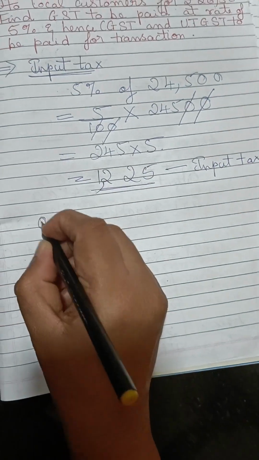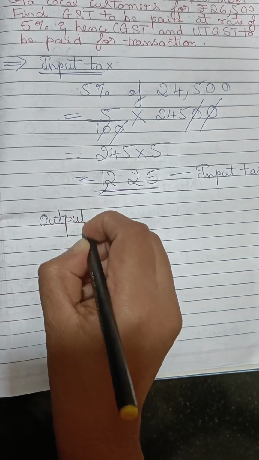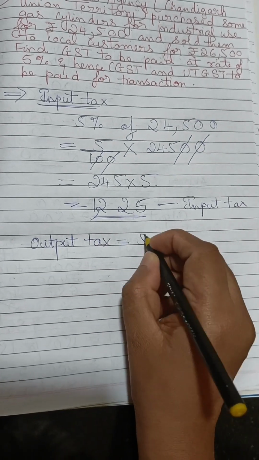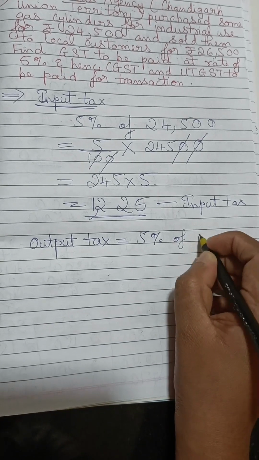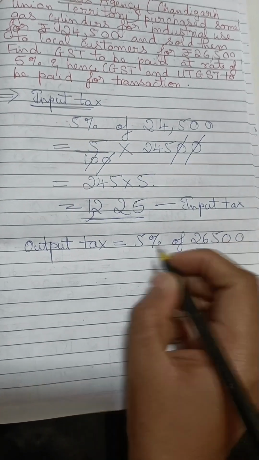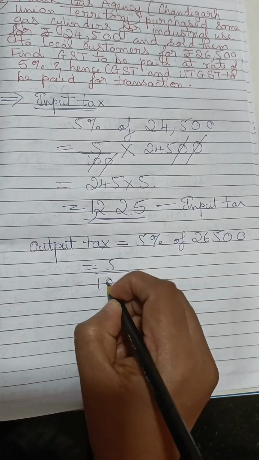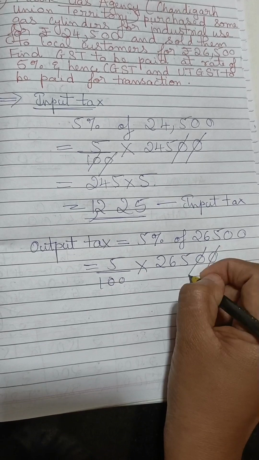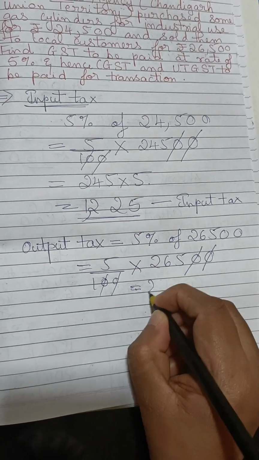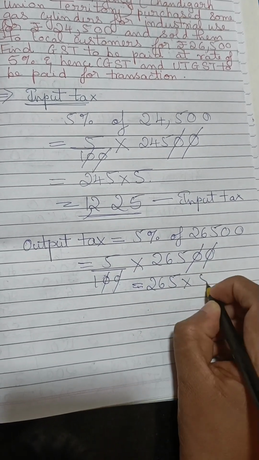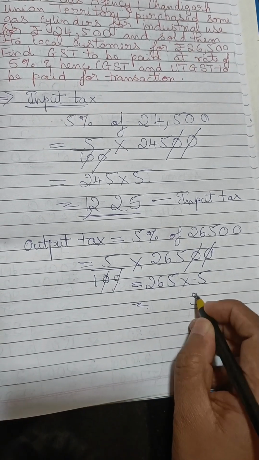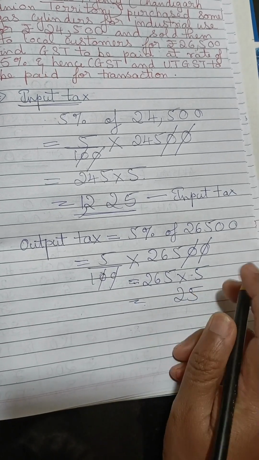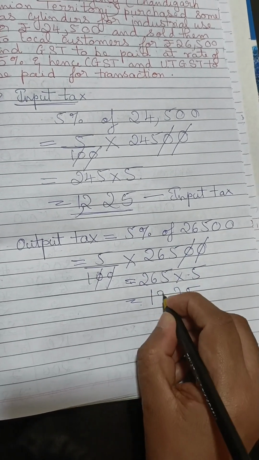Let's see the output tax now. Output tax is 5% again of 26,500. So 5 upon 100 into 26,500. So again, 265 into 5. 5 fives are 25, again 2 in hand. 5 sixes are 30, 32. 5 twos are 10 and 13.